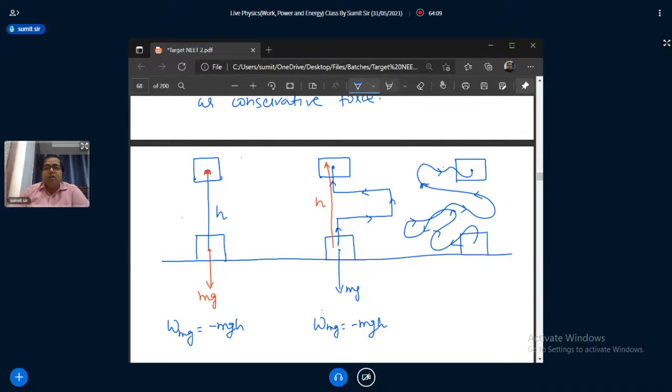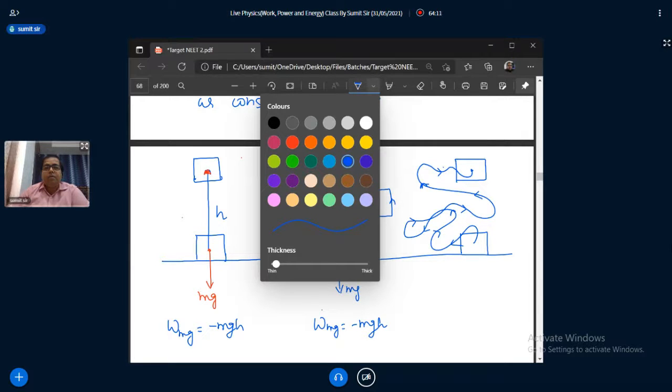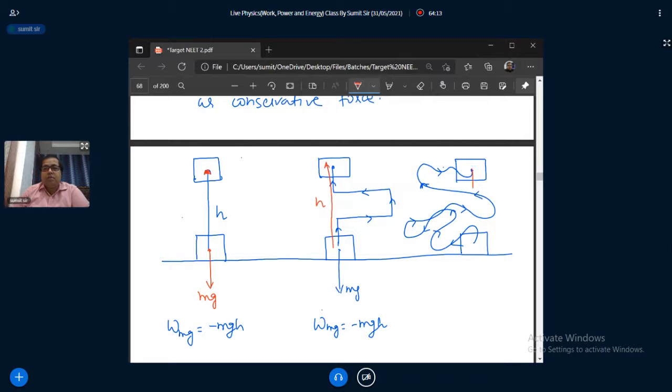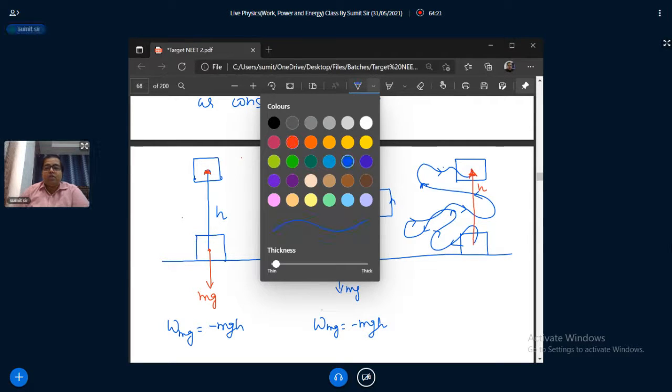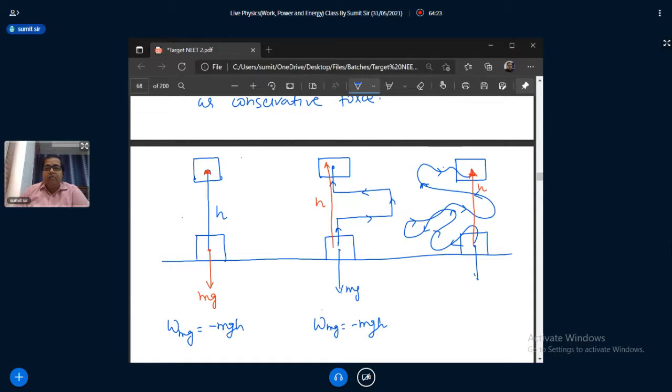Okay, so we have H displacement. So work done, and you have mg force downward. So work done by mg is equal to minus mgh.